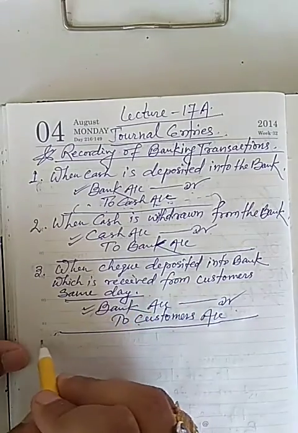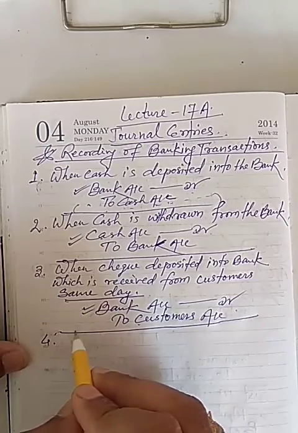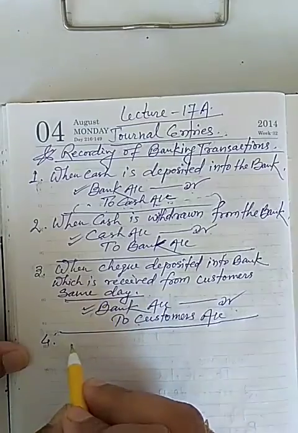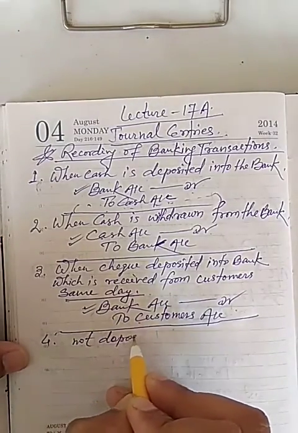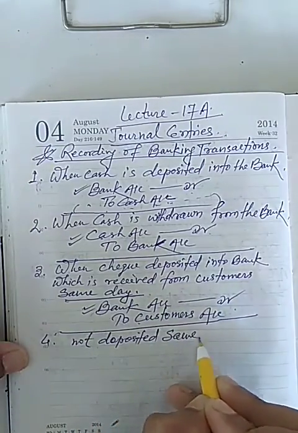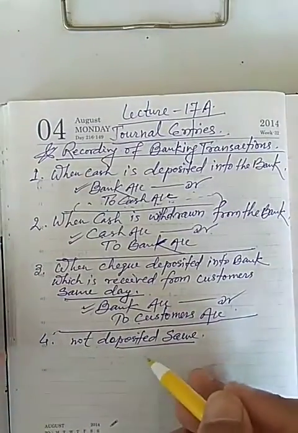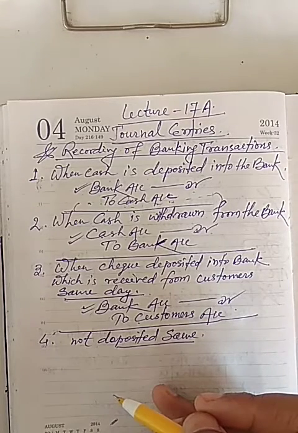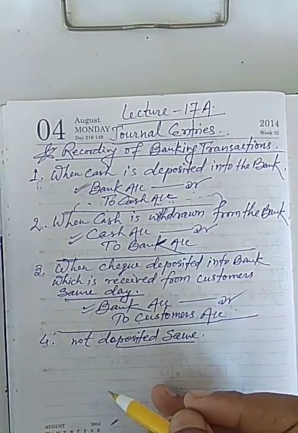But check received from customer and not deposited same day. Suppose today I have received a check from customer, but due to some problem I could not deposit into bank.